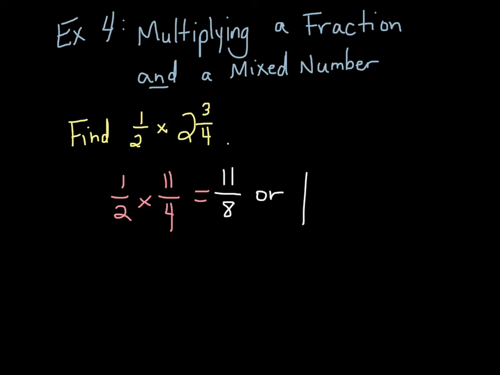And then if you take the 8 away from the 11, you would have 3 left over, and then you would keep your denominator the same. So your final answer here would be 1 3/8.